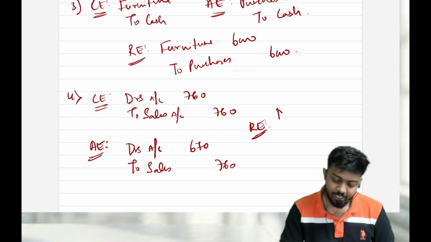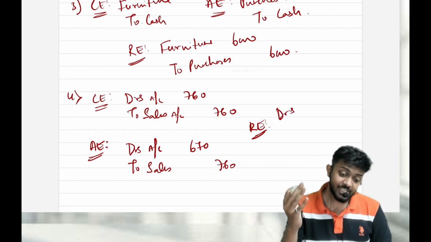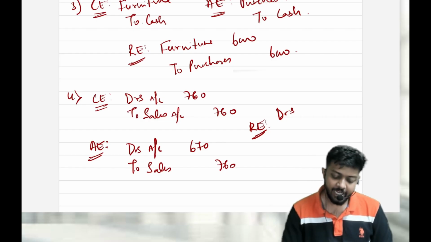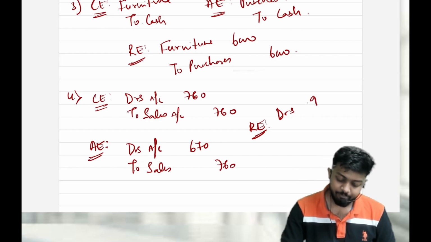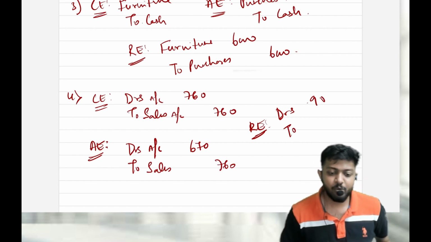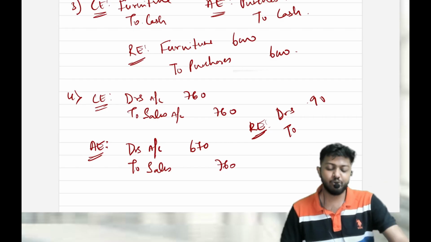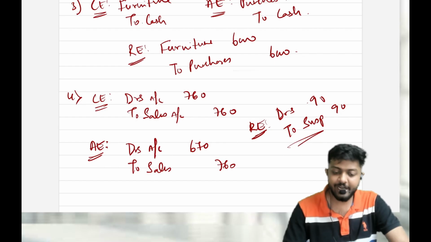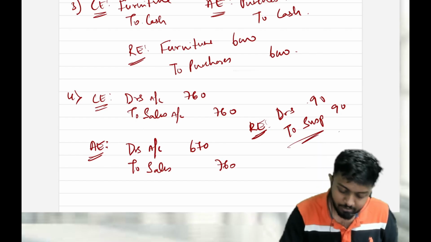It is supposed to be 760, but it is debited only for 670. So I have to increase it by 90 more. Debit debtors by 90. Don't do anything for sales, as sales is already correctly posted. It's a one-sided error, so it should be corrected with the suspense account 90. Entry: debtors account debit to suspense account.